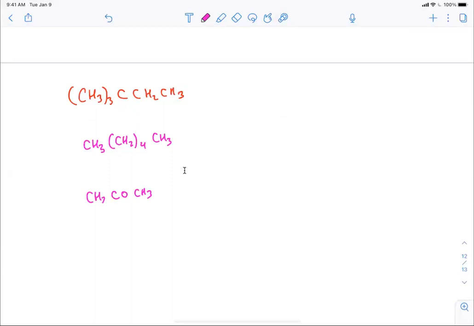Okay. So visualizing what these things mean in an actual expanded structure without wasting too much time drawing everything out.